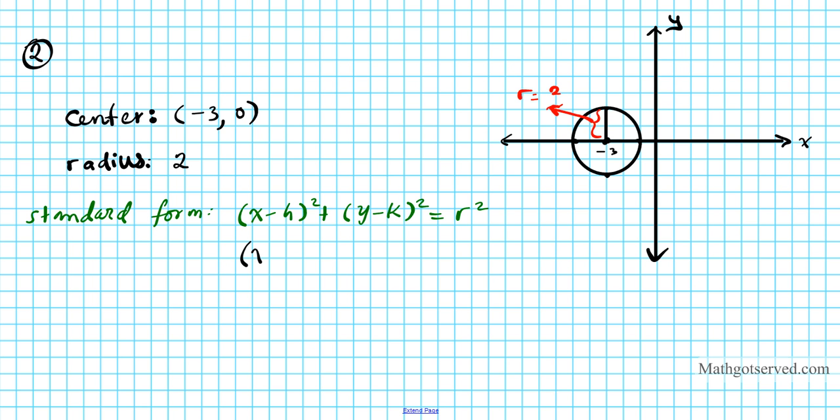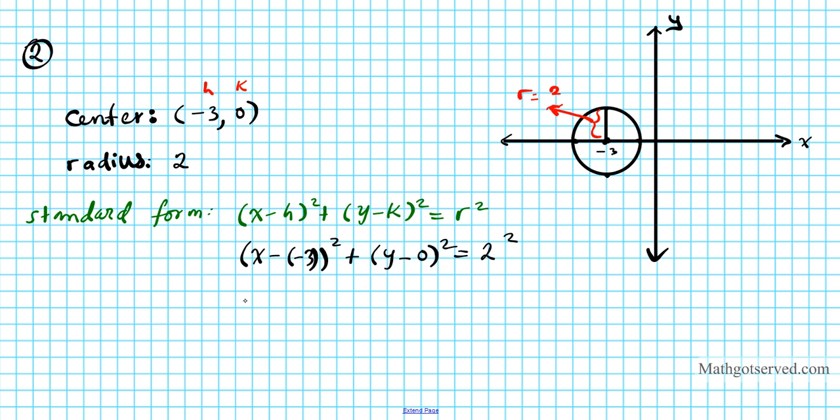We're going to have x minus h. You see you have a negative here because remember this is h and k. So since we have a negative here, it's going to be minus -3. You see it's going to flip its sign in a minute. Plus y minus k is (y minus 0) squared, equals r is 2, 2 squared.